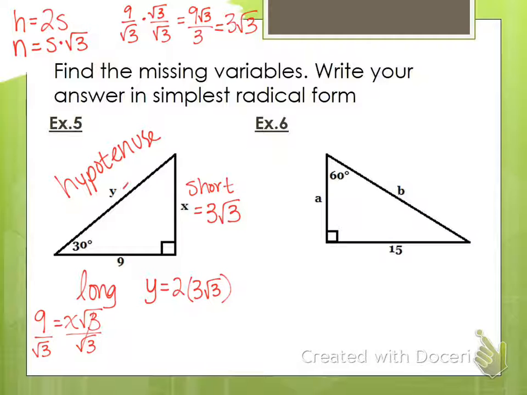Good. Make sure you're only multiplying the 2 to the 3 that is outside of the radical. I know this is brand new, probably something not many people have seen before, special right triangles. Do we have questions about example 5?